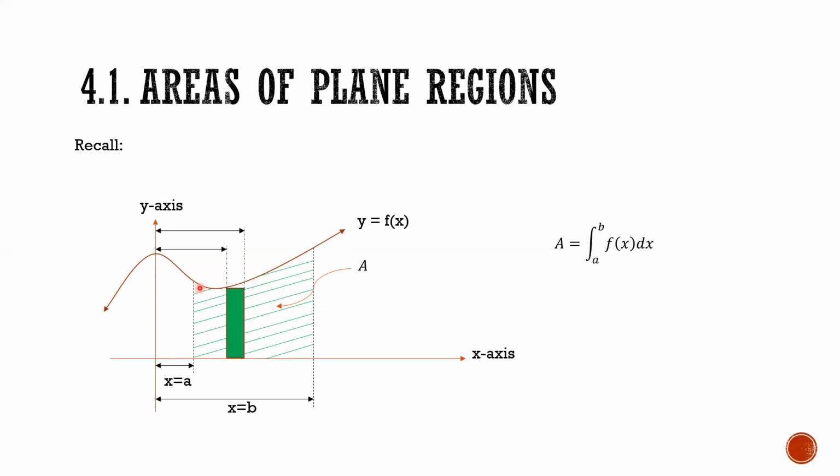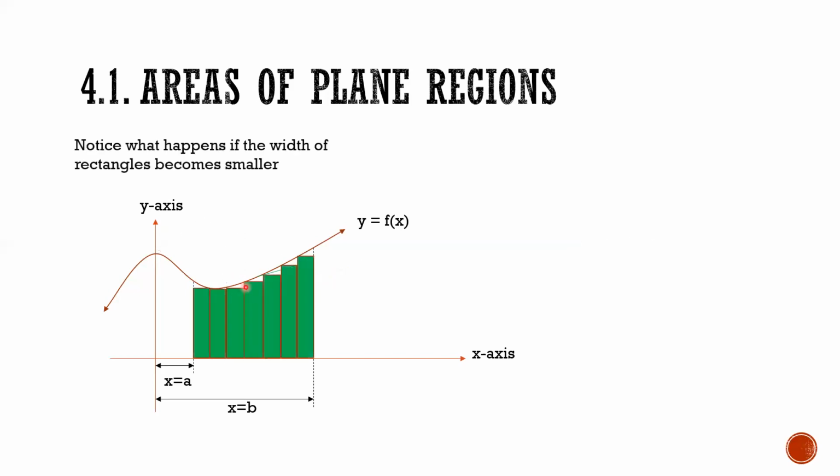Now, consider the width of this particular rectangular element represented by the points x1 and x2. So therefore, the width will be equivalent to the difference of the coordinates of these 2 points. So x2 minus x1. Now, notice what happens if that particular width of rectangles becomes smaller.